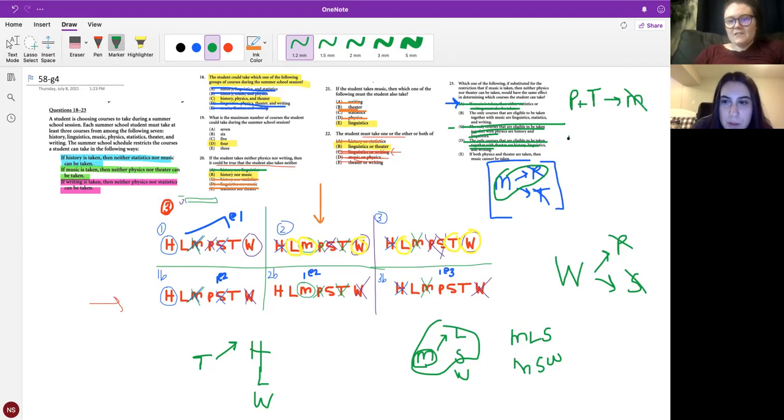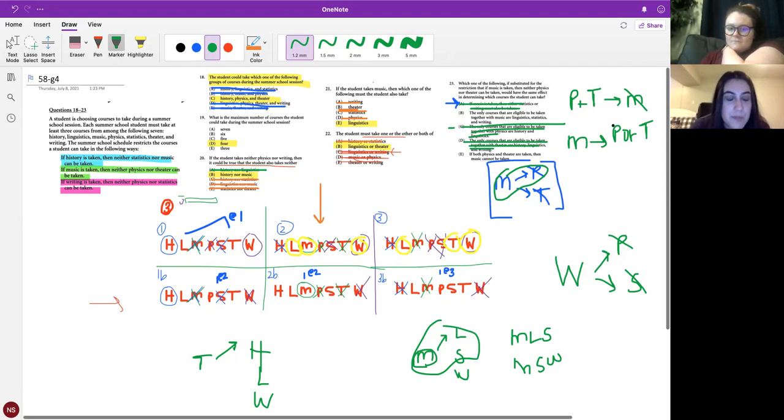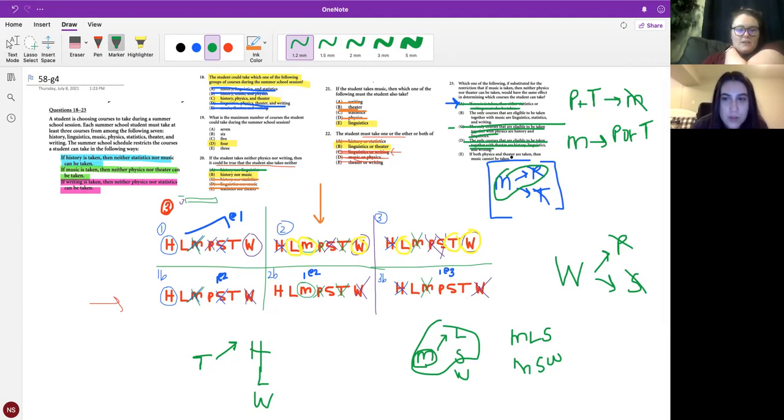And the contrapositive of that is if you have music, you can't have physics or theater. But technically you could have one or the other. Oh, so even if the rule was if music is taken, neither can be taken, it means you could just have one. This is saying if both physics and theater are taken, so both of them have to be taken. It takes having both of them to trigger this rule.